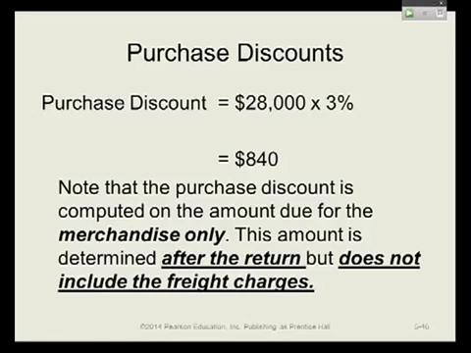So now that I owe you 28, the discount is 840. And the discount is only on the balance of the payable, it does not include any of the freight charges, even if you paid the freight to the carrier or to the seller.